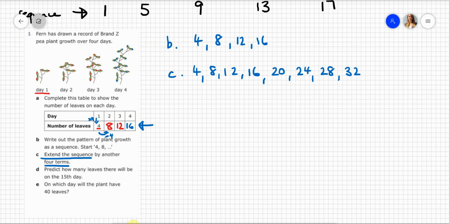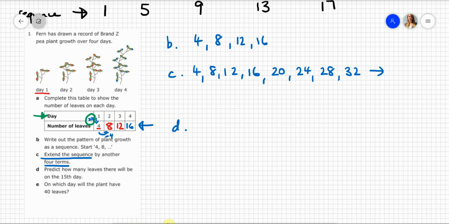Now, part D says, predict how many leaves there will be on the 15th day. The way we could do that is to extend this sequence by adding 4 every time until we get to the 15th number. However, we could also use what I noticed over here, which is that we take the day and we multiply it by 4.